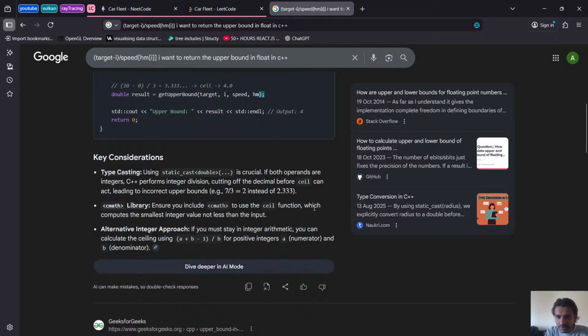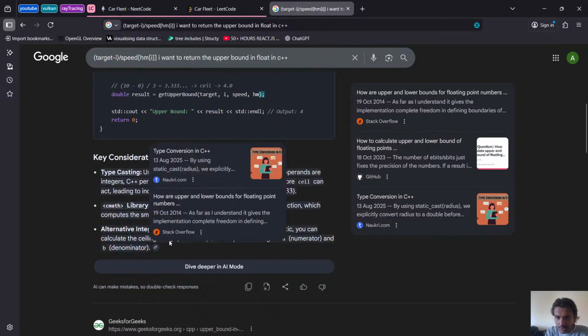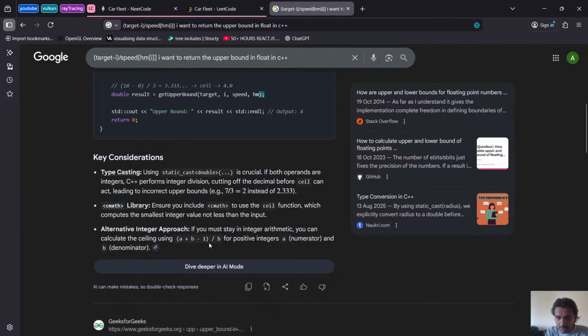Math.ceil is a C function which computes the smallest integer value not less than the input. If you must stay in integer arithmetic, you can calculate this using (a plus b minus 1) divided by b, for positive integers a the numerator and b the denominator.